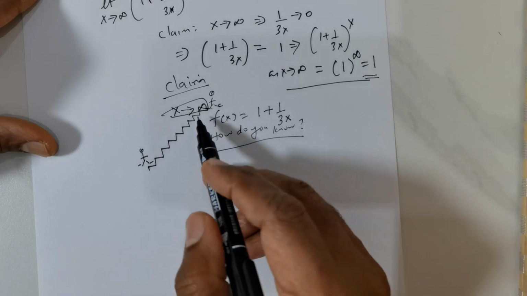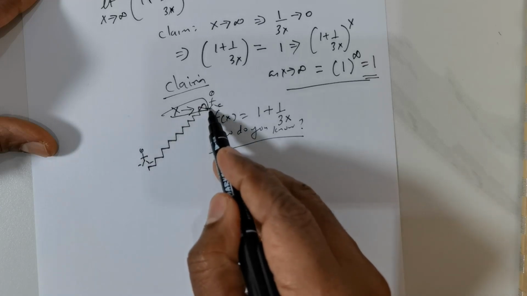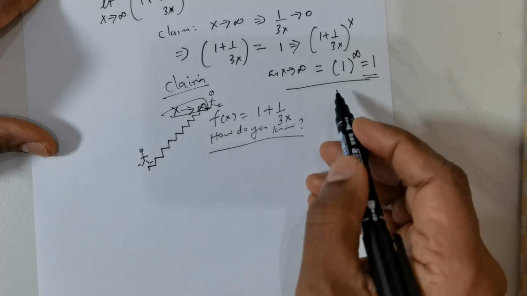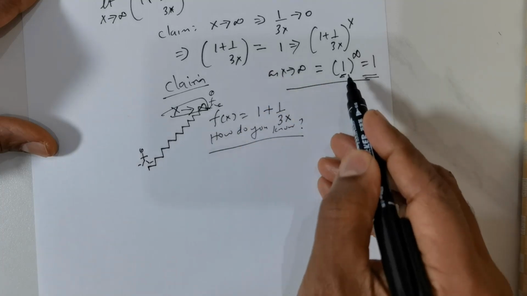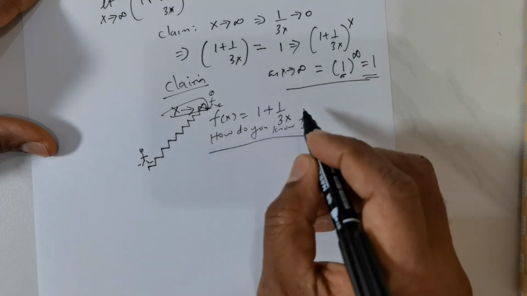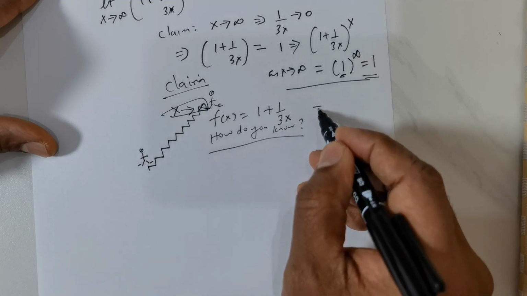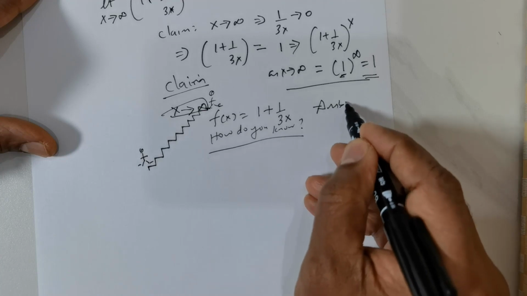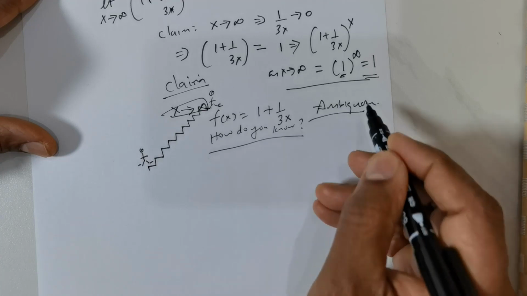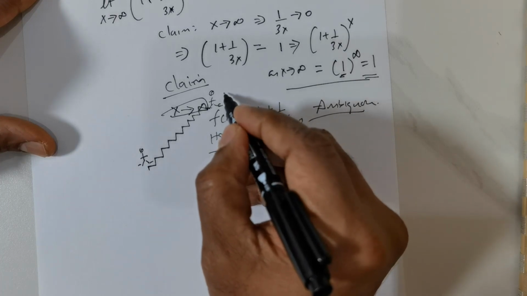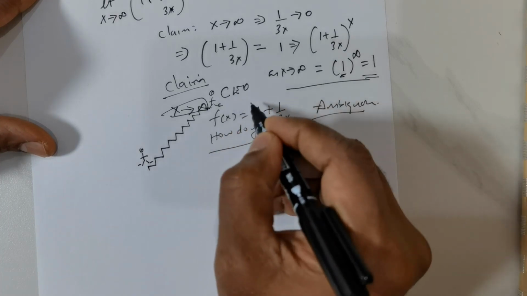Just because you directly go to the end and state that x has reached infinity, so the function is going to be taking this value, that line of contention is inaccurate or ambiguous. We cannot do that. That is like stating that an individual has become a CEO.